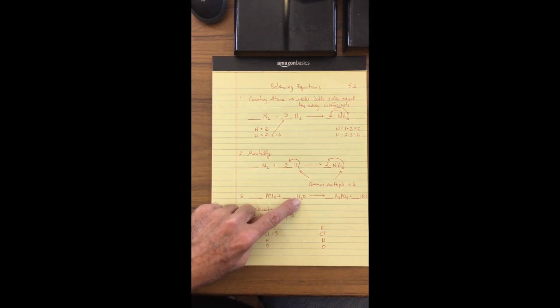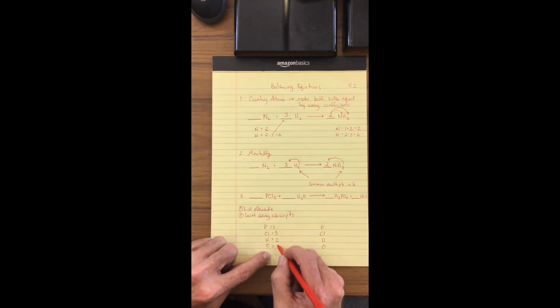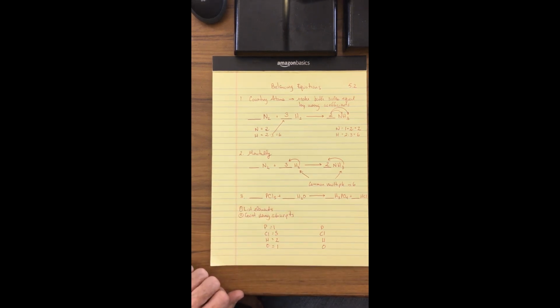How many H's? I have 2. How many oxygens? I have 1. Do this right now for the other side, showing how many P's, how many Cl's, how many H's, and how many O's that you have. And pause and then come back.